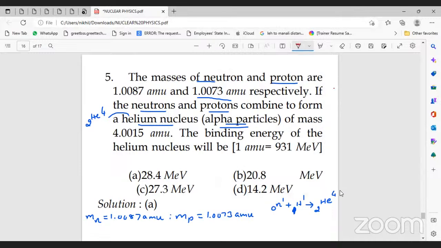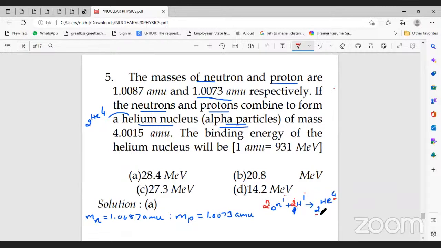We have mass number 4 here, but the total mass number is 1 and 1 here. So I'll take this as 2. Then 2 into 1 will be 2. Still 4 is there, so I will also multiply it with 2 here. So 2 into 1 plus 2 into 1, that will be 4.